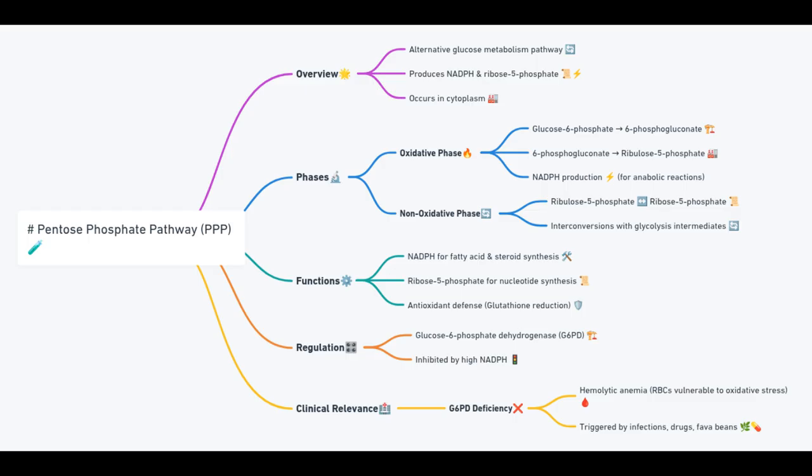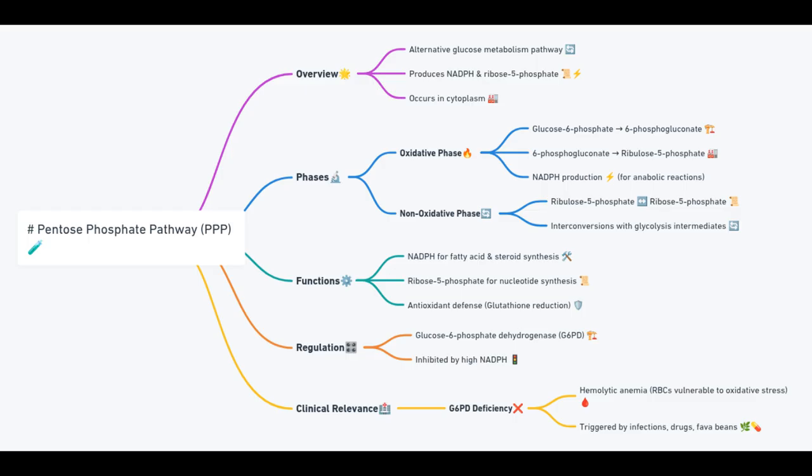NADPH is also a very powerful antioxidant, a substance that prevents oxidation of other molecules. Subsequently, the oxidative phase of the pentose phosphate pathway is also quite active in cells that are at high risk of oxidative damage, like the red blood cells.